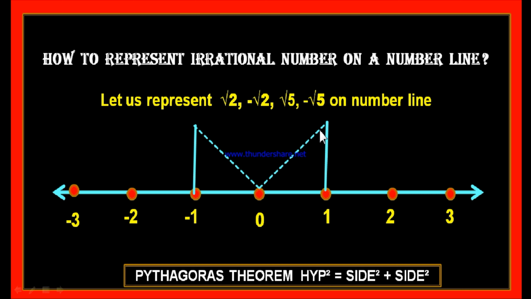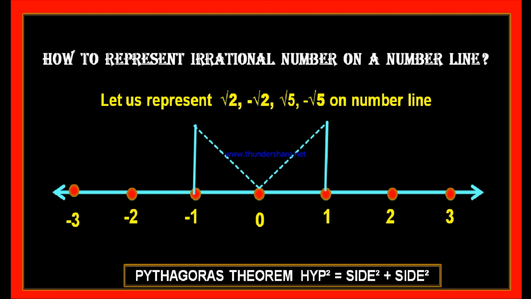Then what is the hypotenuse? Hypotenuse is equal to root of side square plus side square, that is root over 1 square plus 1 square. 1 square is 1, plus 1 square is 1, 1 plus 1 is 2, so root 2. Therefore, the length of this hypotenuse is root 2 units. Similarly, the length of this hypotenuse is also root 2 units.